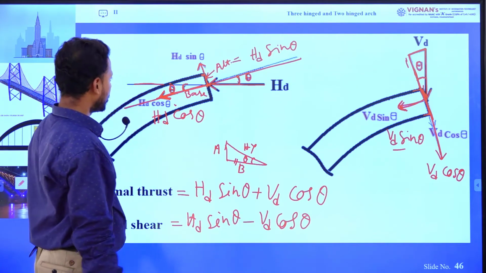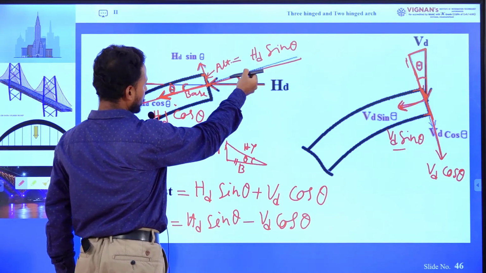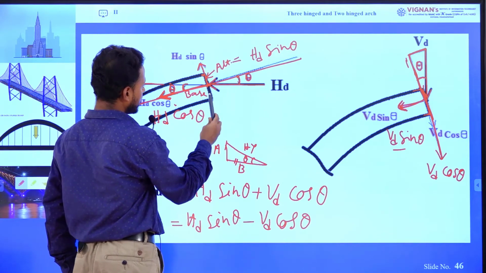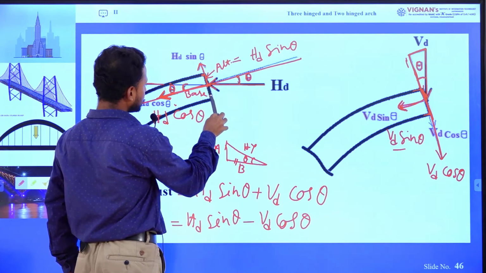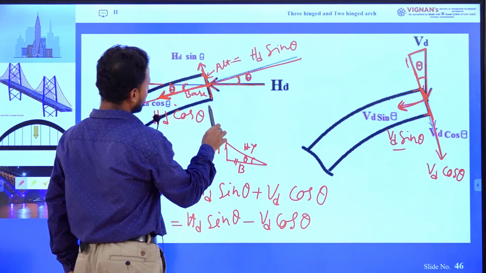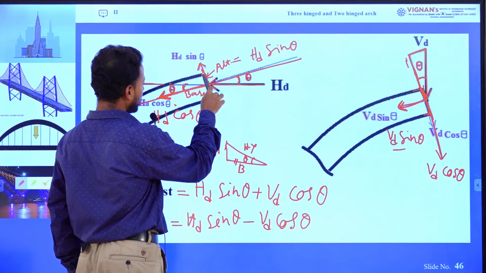Okay, so normal thrust is acting normally, or in the perpendicular direction, on this cross section of the arch, and radial shear is acting parallel to this cross sectional plane of the arch. Radial shear is acting parallel with the cross sectional plane of the arch.